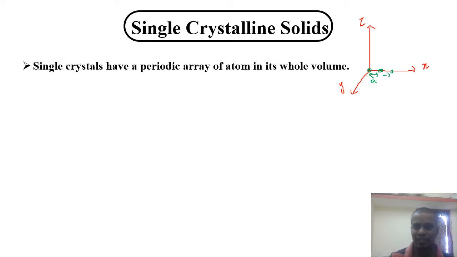The distance between the nearest atoms is a. The fourth atom is also placed at a distance a from the third atom. Similarly, the atoms are arranged in the z direction also. This distance is also a, this is also a. This is the periodic manner in which they are arranged.